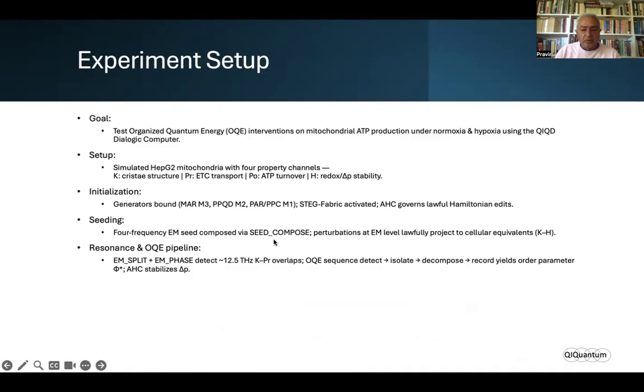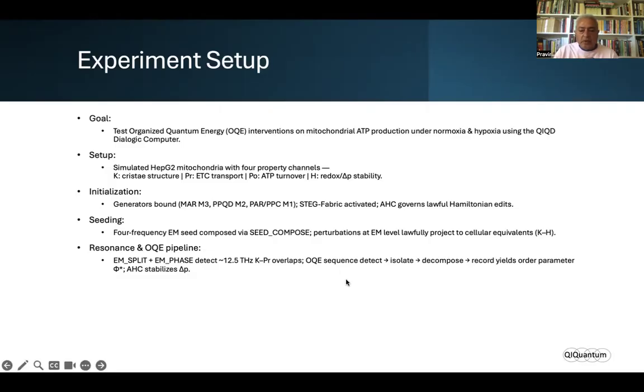The seeding takes place through a command called seed compose, and a couple of other core commands are electromagnetic split and electromagnetic phase, which are trying to, if we go back to the logic that I introduced earlier of the cristae topology being the knowledge structure and the presence of the electrons, or the energy, as being the PR structure, we want a tight overlap between this, and this is achieved through the EM split, EM phase commands.